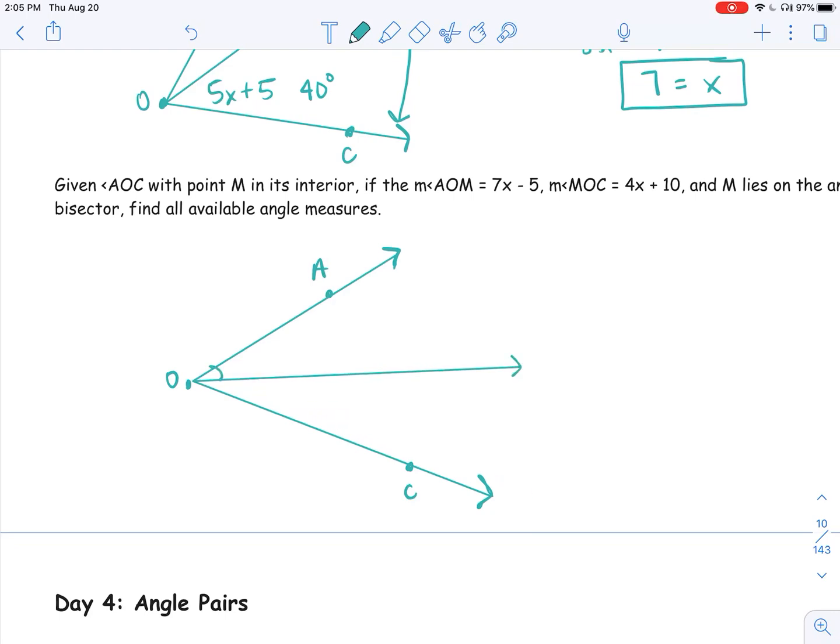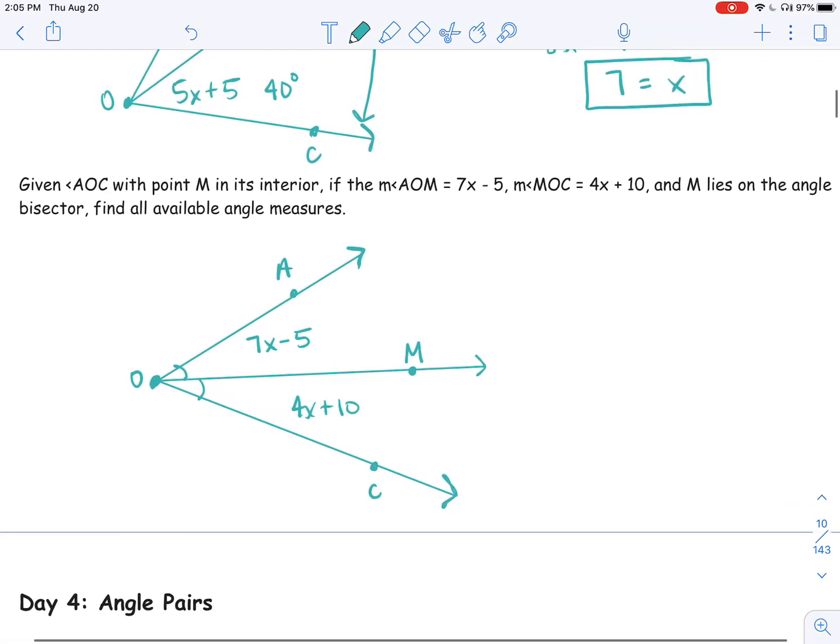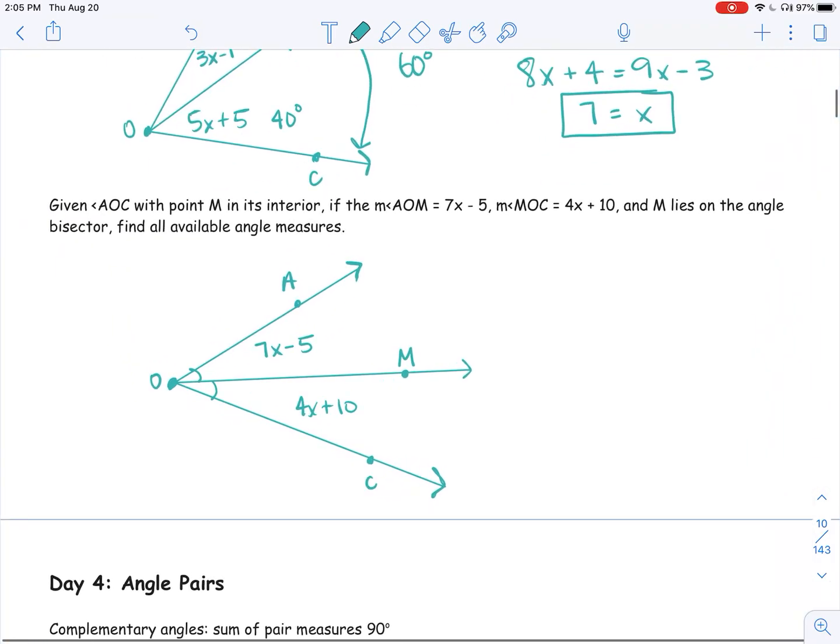So I'm going to mark these two angles congruent. Here's angle M. Tells me that the measure of angle AOM is 7x minus 5, and MOC is 4x plus 10. Find all available angle measures.